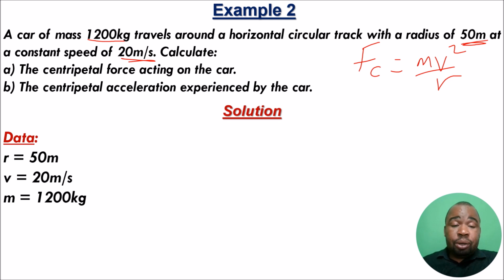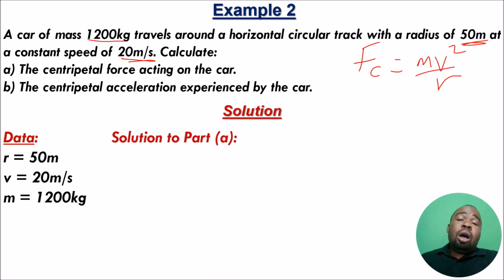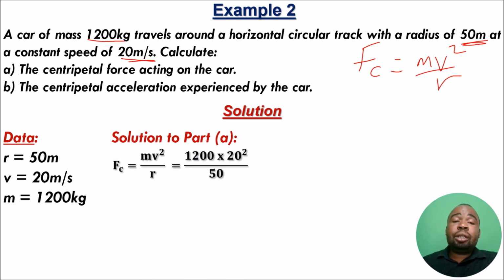Very, very important equation. Now, let's recall our equation and put substitution. Mass is 1,200. Speed is 20. We square it, divided by 50, which is the radius. And you are going to get 9,600 newtons.